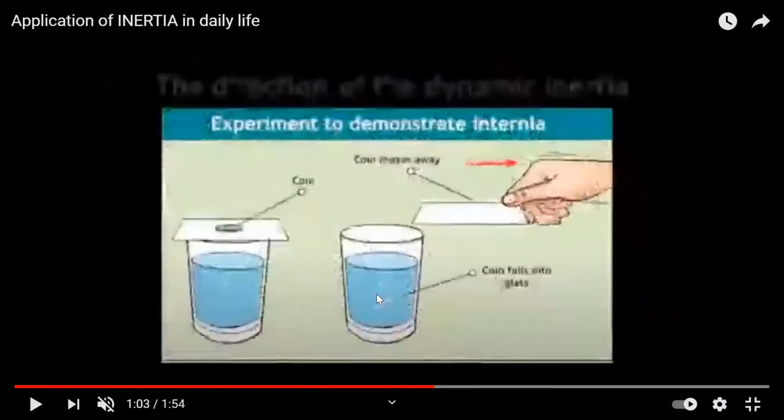I want to discuss this. So the longer the contact is between the paper and the coin, the greater the friction is, and so friction gets a chance to resist the motion of the coin, and so it moves along with the paper. The coin moves along with the paper.